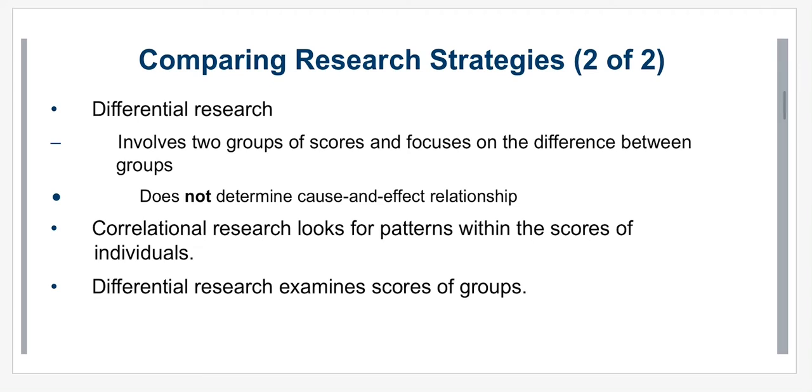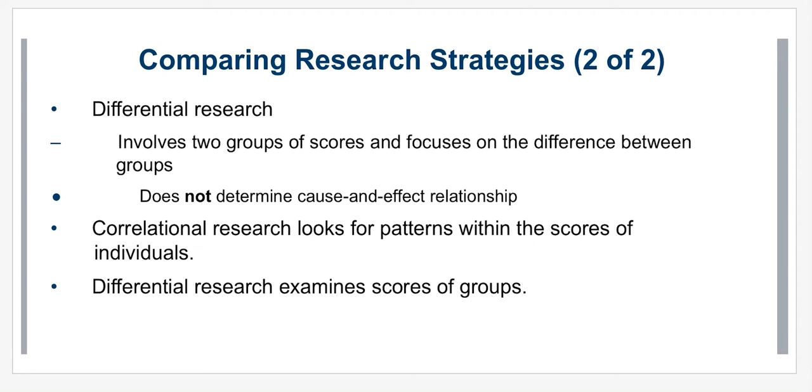So what about differential research? Because we talked about in chapter 10, remember that differential and correlational look very similar. Differential, remember, is a non-experimental research strategy. And again, the reason that it is different than correlational is because we're looking at a difference between groups.